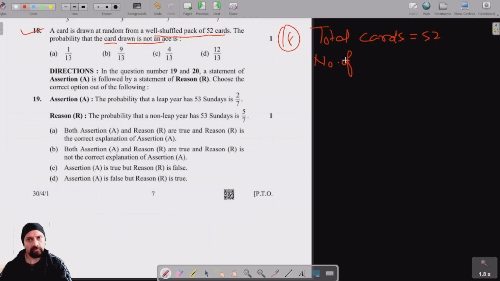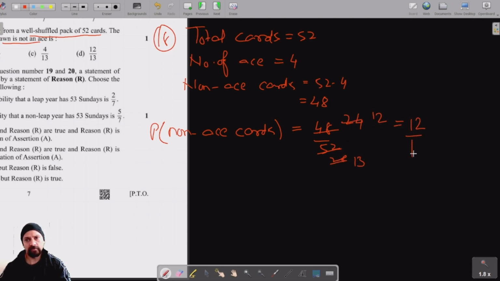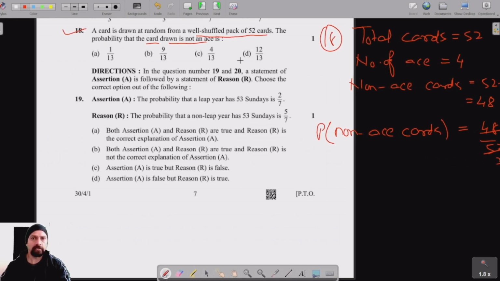So the number of ace cards is 4, and non-ace cards will be 52 minus 4, which is 48. So we have to find the probability of picking up the non-ace cards, which is 48 by 52. This is 24 by 26, and 12 by 13, which is 12 by 13. So the correct option for this is option D.